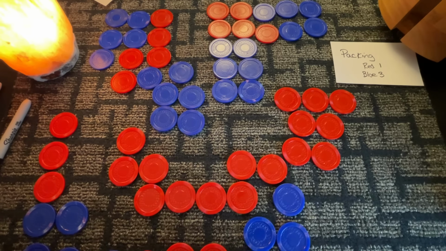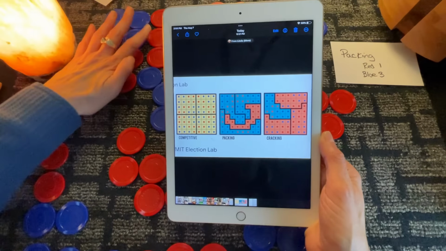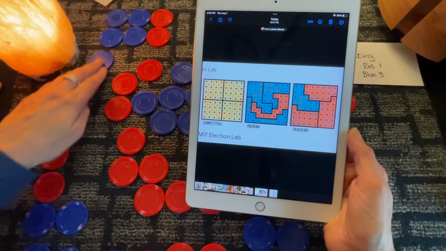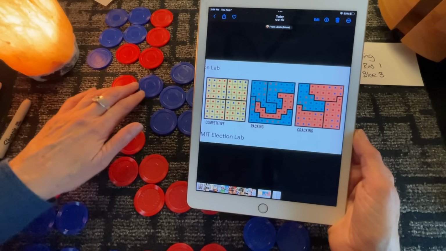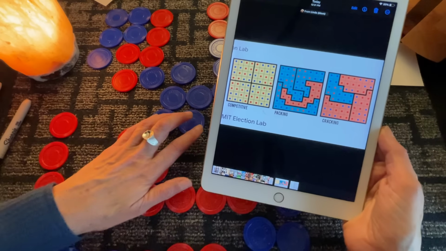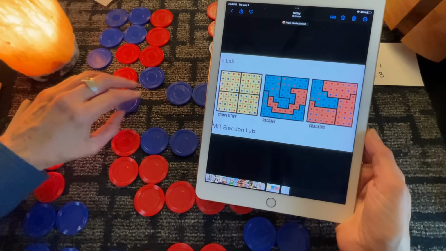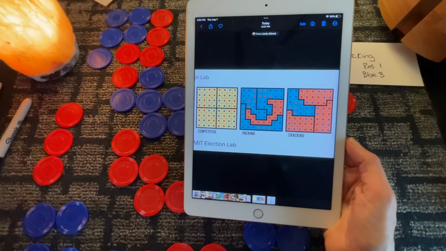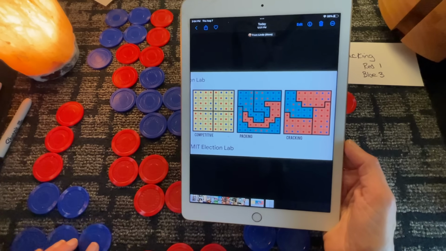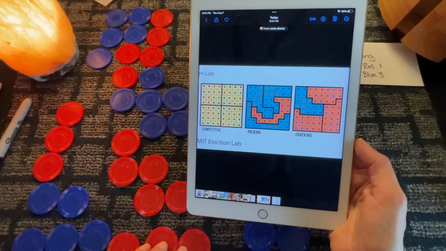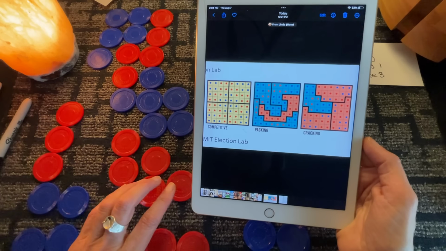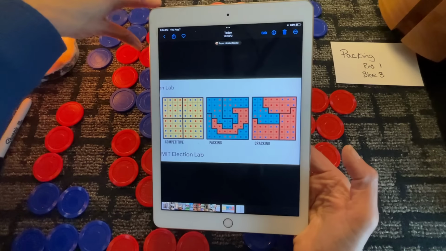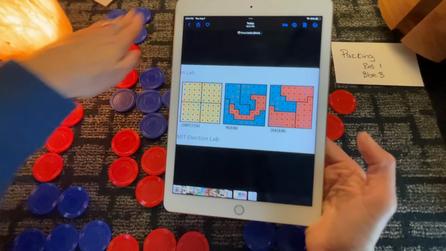Oh my gosh. How am I going to do this? Okay, cracking. We have blue, blue, red, blue, blue, red, blue, red, red, red, blue, 3 blues, and then 2 blues. Okay, and then over here we have 3 red, 2 blues, 3 blues, 3 reds. Oh no, I started looking at the wrong map. Sorry, I didn't mean to snort. This is why I had to restart before.